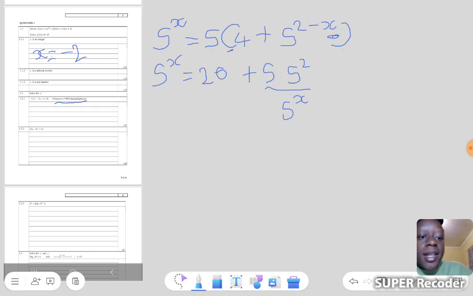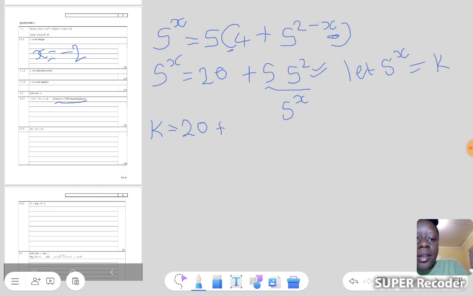So for here, let's use the k method, letting 5 to the power x be equal to k, for us to have a simpler way and not be confused whether our x is at the power or not. So k is equal to 20 plus, here it's 5 to the power 1 multiplying with the same base, we add the exponents, and 5 to the power 3, that's 125, divided by k.